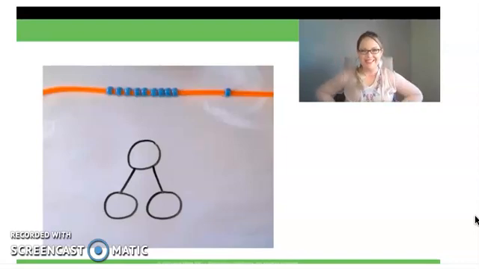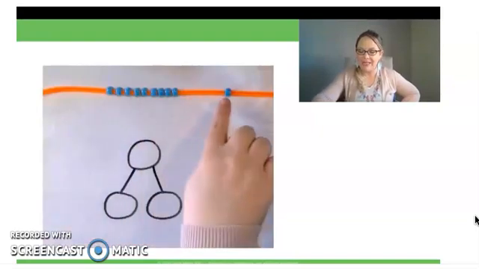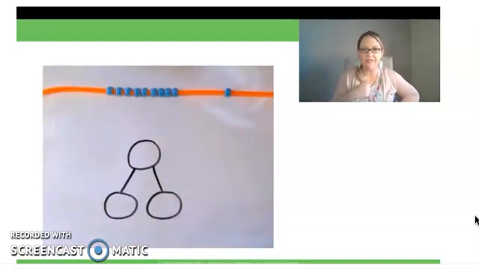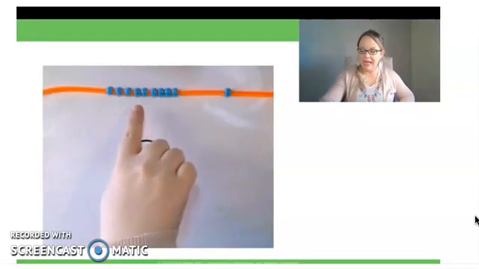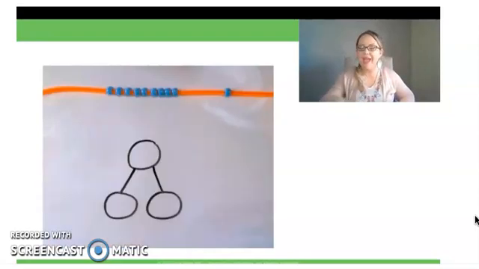What do you notice? Great noticing. Yes, we still have 10 beads or 10 linking cubes. We just have 9 on one side and 1 on the other.